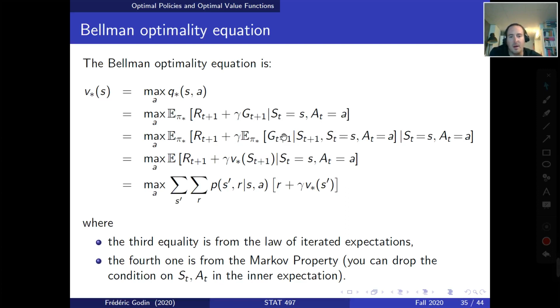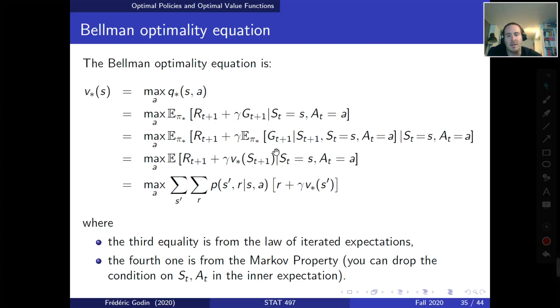So here, we can have a nested expectation: the expectation of a conditional expectation. Because this conditional expectation contains more information, S t plus 1, S t and A t, than the one outside, it's possible to write the expectation as an expectation of a conditional expectation.